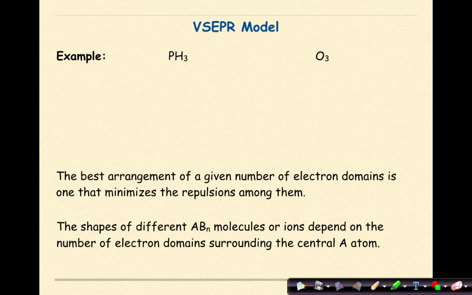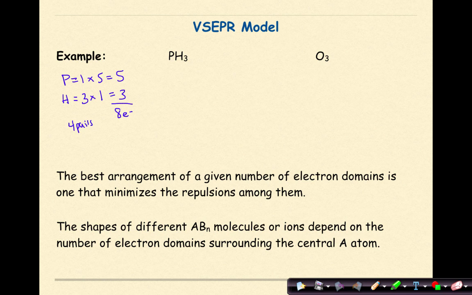The first is PH3. So if I was to draw the Lewis structure of this, I would say I have phosphorus, 1, 5 valence electrons, so 5, hydrogen, 3 of them, 1, 3, that gives me 8 electrons to work with, which is 4 pairs.